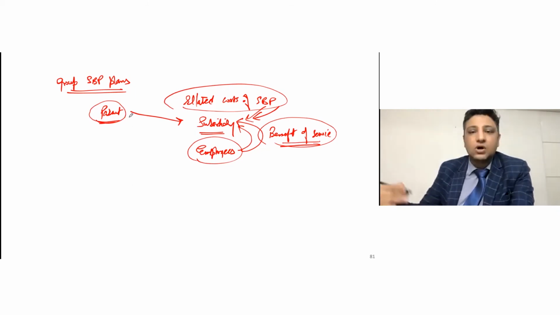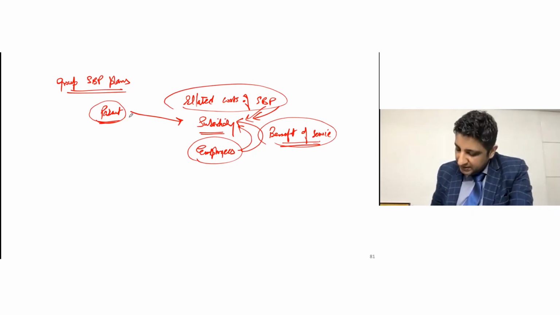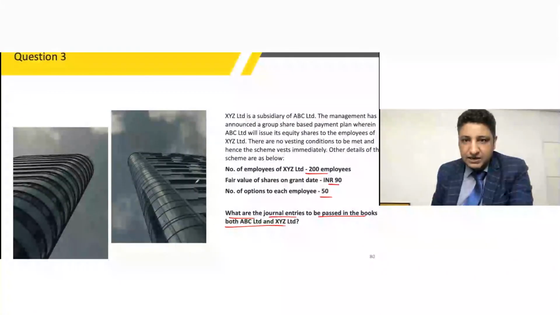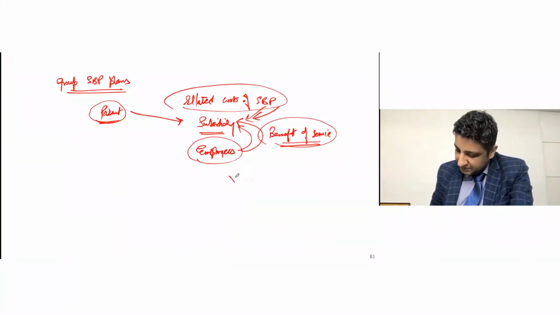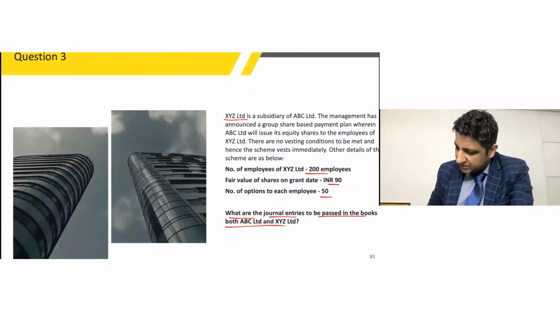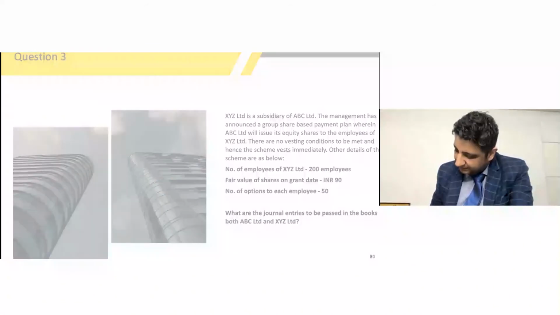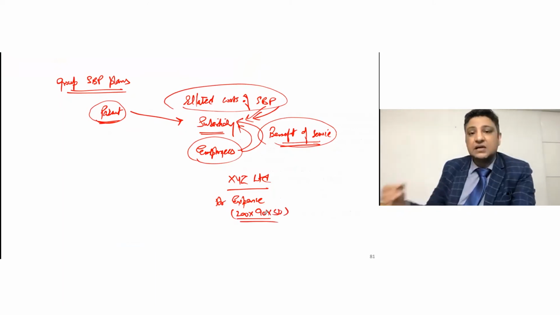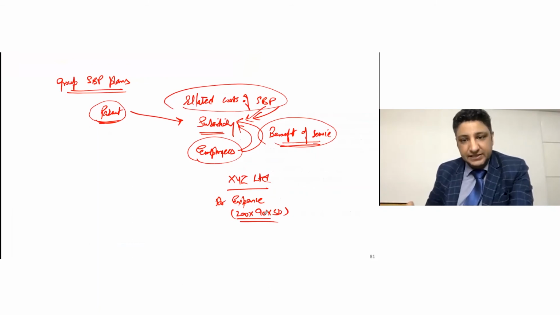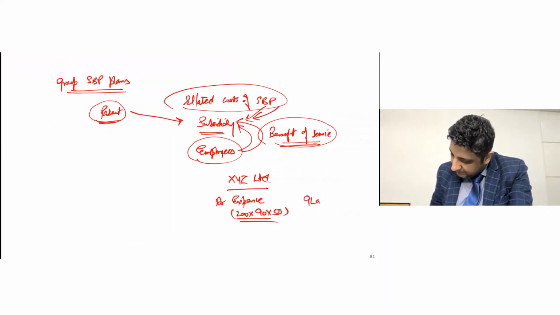So if I were to book the cost of those share-based payments in the books of the subsidiary, in our case, of course, the company's name is XYZ, I may say in the books of the subsidiary, I would debit those costs, right? And we can obviously measure the amount, which is 200 into 90 into 50. We are taking the entire cost because the options are vesting immediately. There's no delay in that. And this gives me a total amount of 9 lakh rupees here, right?